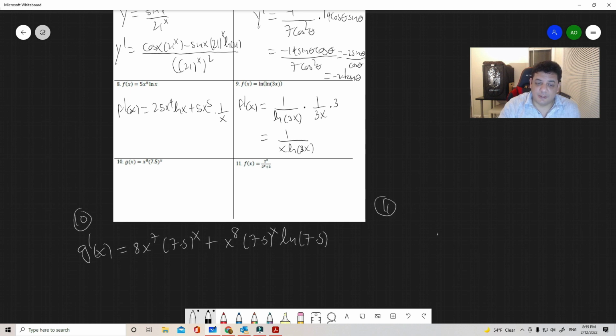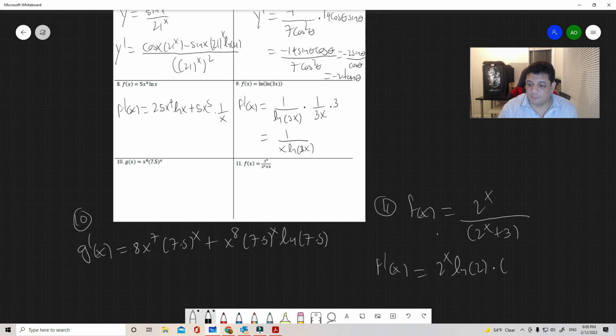Number 11 is a quotient rule with some exponentials. We have f of x equals 2 to the x over 2 to the x plus 3. For the derivative, we take the derivative of 2 to the x, which is 2 to the x log of 2, times 2 to the x plus 3, minus 2 to the x times 2 to the x times log of 2.